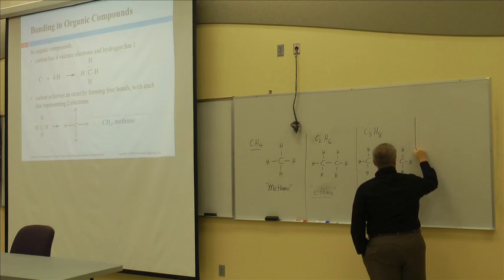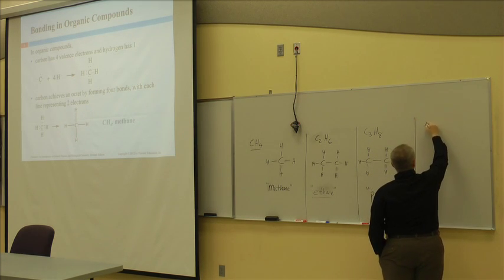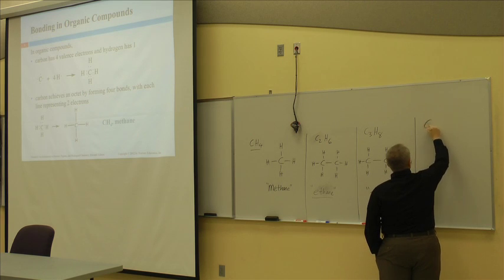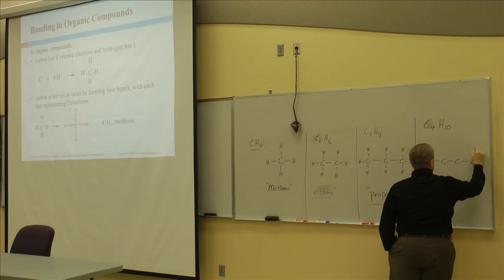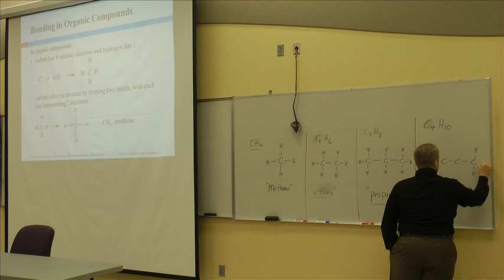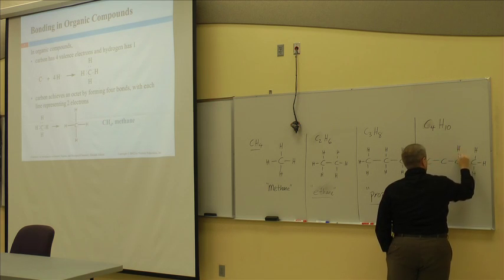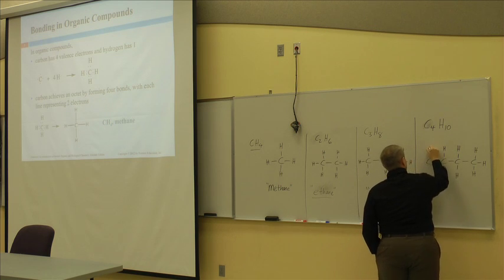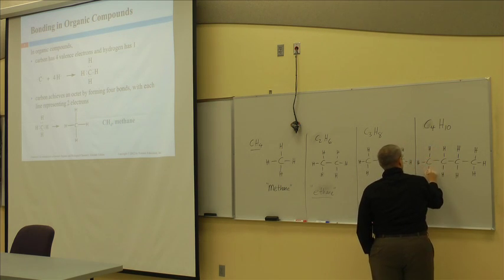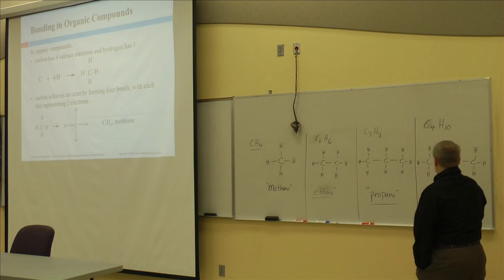Next in the series of alkanes, C4H10. Carbons, 4 of them, in a chain. A lot of carbons now.